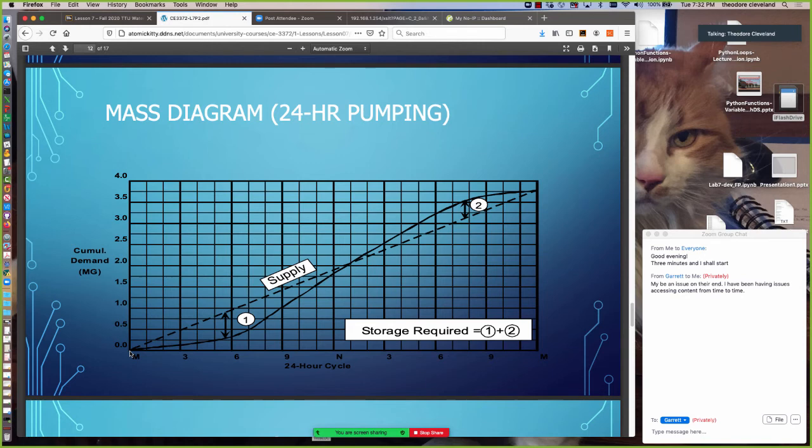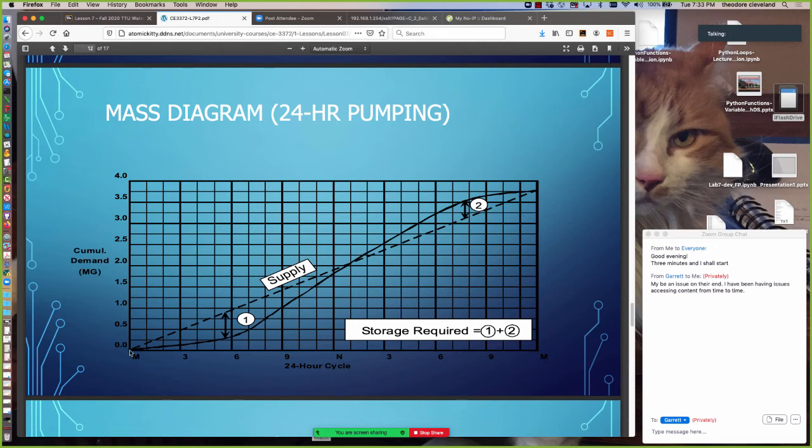And at the beginning of the day, the demand is at some rate, and as we're moving over time, we're accumulating the volume that has to be supplied to satisfy the demand. And in this particular curve, about 6 in the morning, the slope changes, and it stays steeper until 7 or 8-ish at night, and then flattens out again. And at midnight, we would have required 3.75 million gallons to satisfy this demand curve.